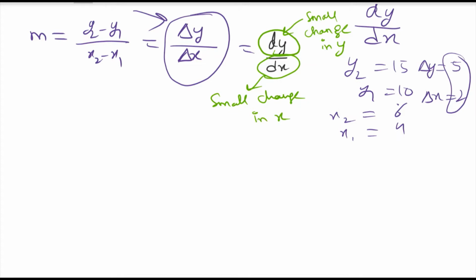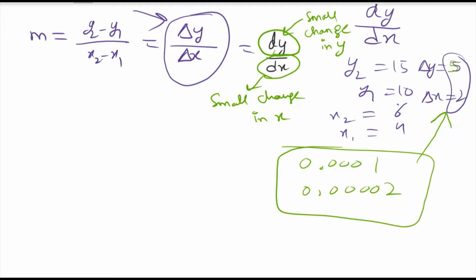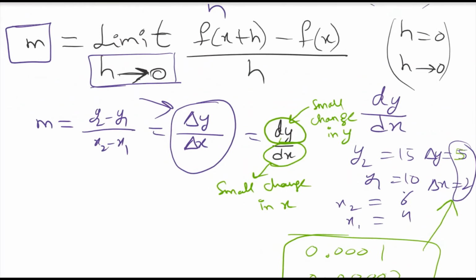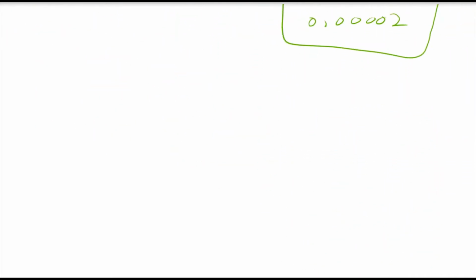If it is values like 5, 2 and more than this, it's okay. But if I deal with values like 0.0001, 0.00002, whenever we are dealing with these kinds of values and smaller, instead of calling it delta y, we call it dy, and we use this notation of dy by dx for this limit.